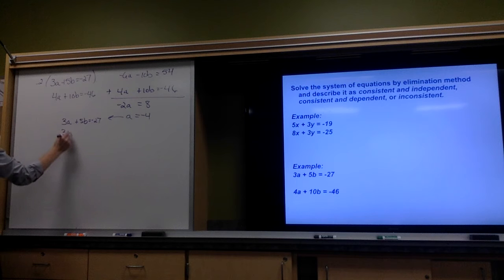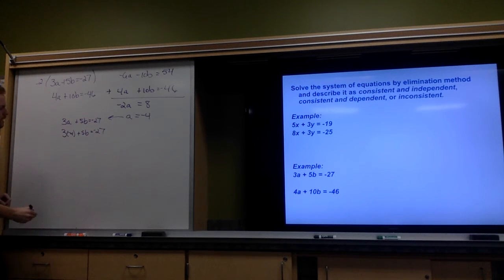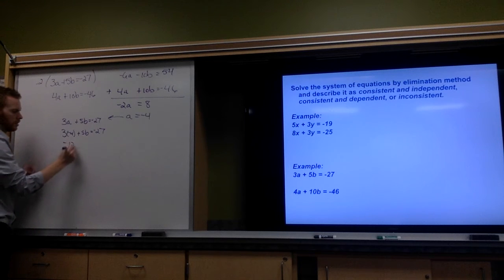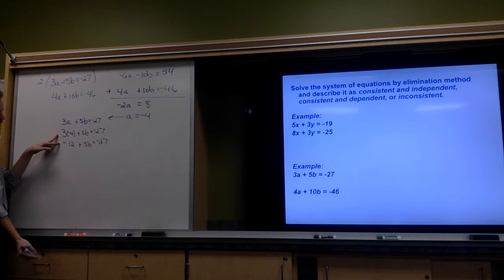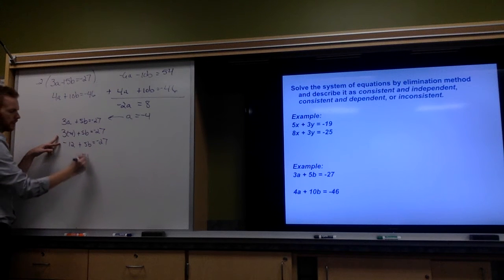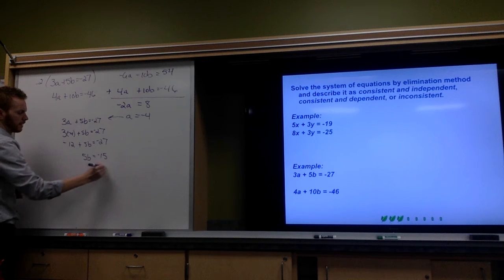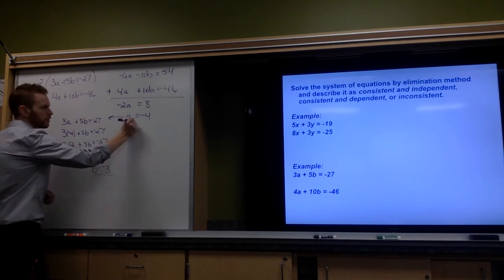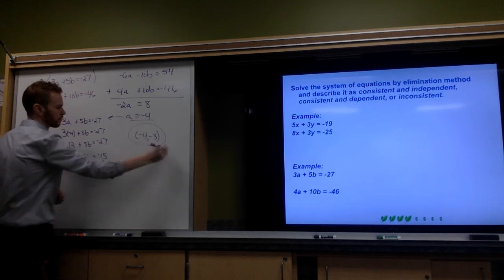So 3 times -4 plus 5b equals -27. So this becomes -12, right? Add 12 to the other side, I get 5b equal to what? -15? Divide by 5, get -3. Put these together, my solution would be -4, -3.